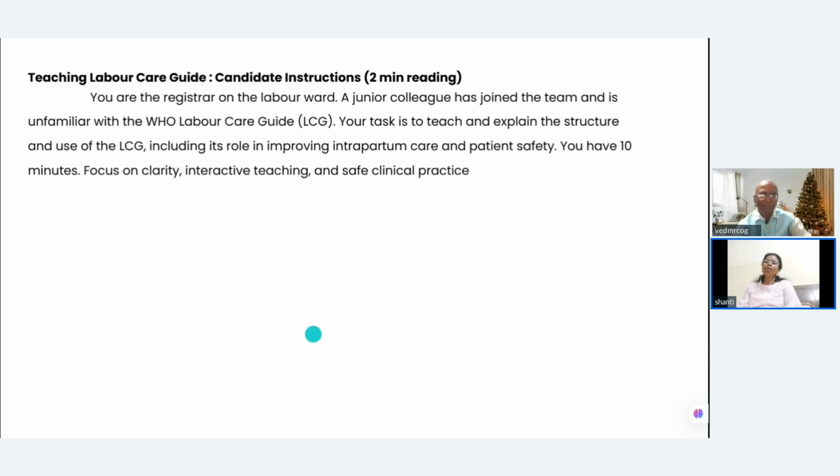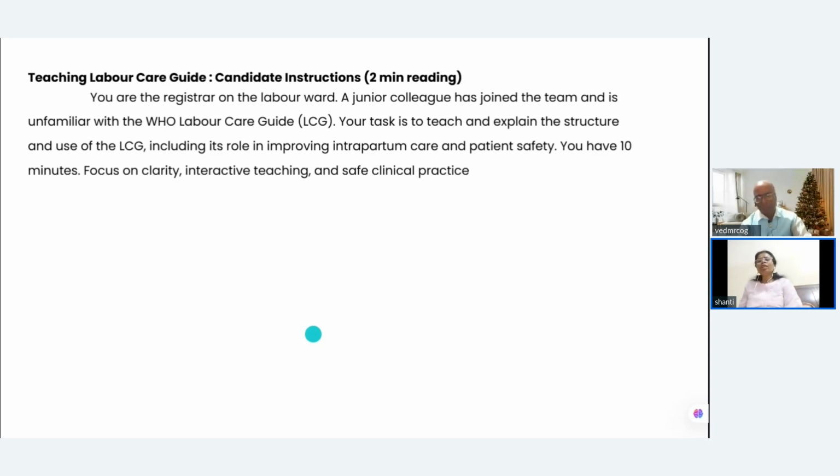It also reduces complications for the mother, such as postpartum hemorrhage and sepsis, and for the baby, asphyxia and fetal death, and it also affects fetal well-being. These are a few of the importances of this labor care guide.